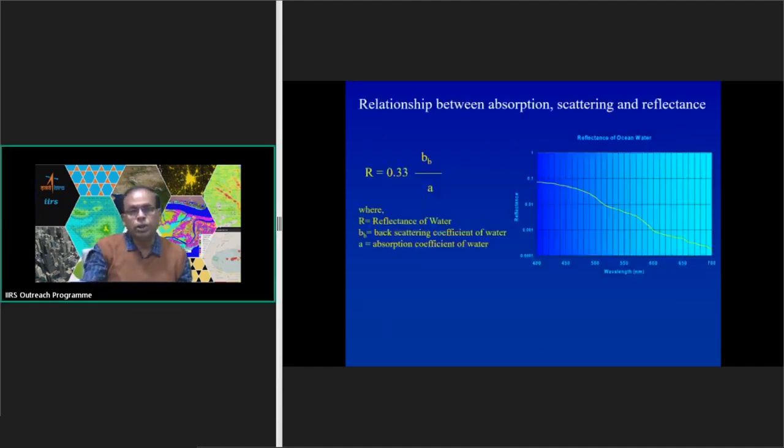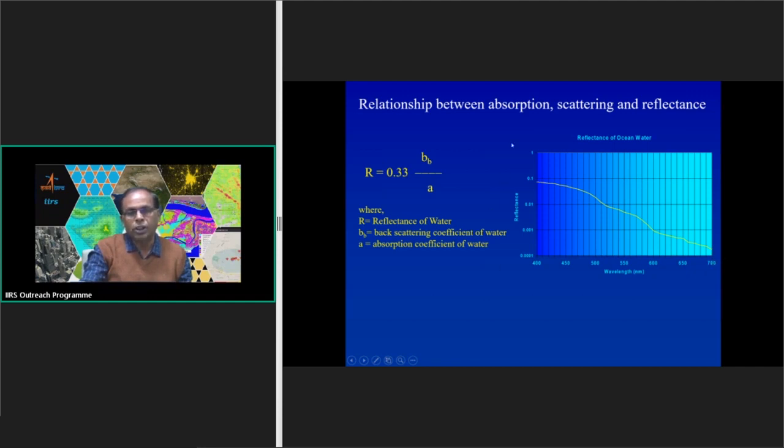And this is the relationship between absorption, scattering, and reflection. So reflectance is related to backscattering by absorption, 0.33 bb by a. So you can see here the reflectance is high in blue end of the spectrum, and slowly it is going down to the red part of the spectrum.